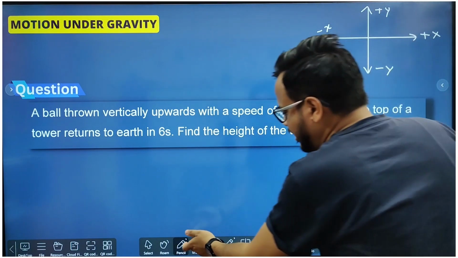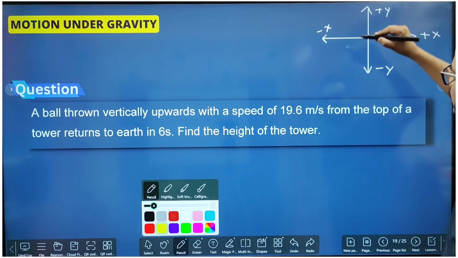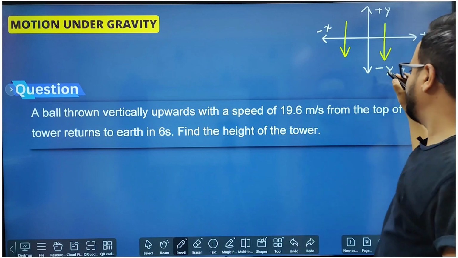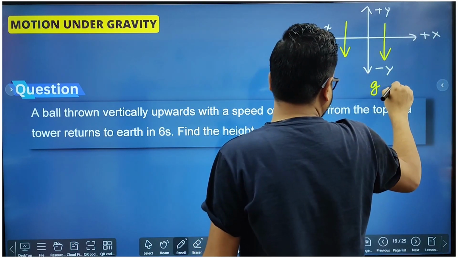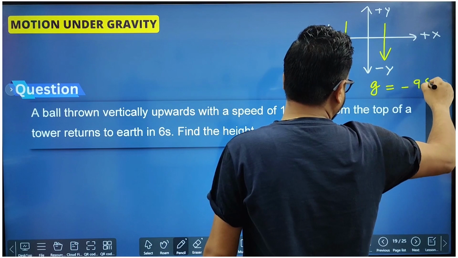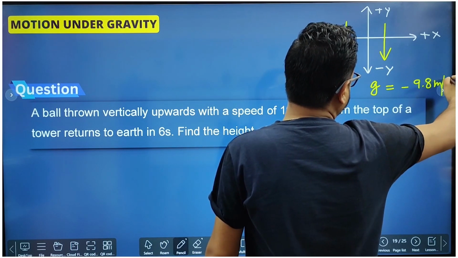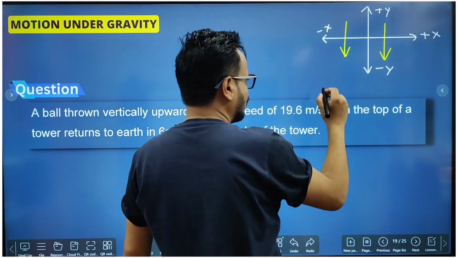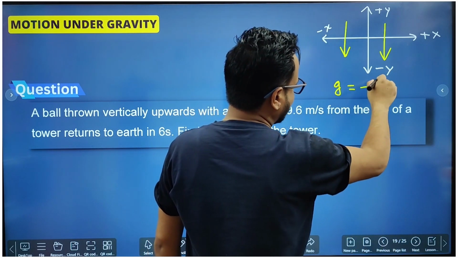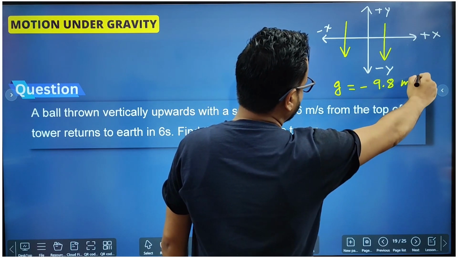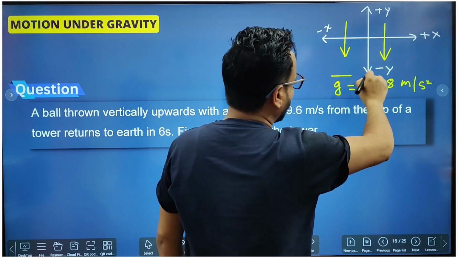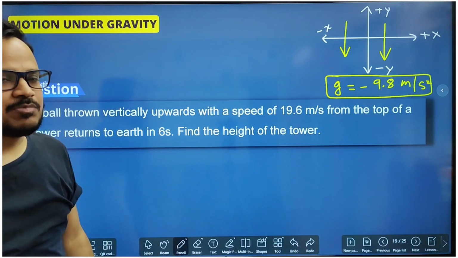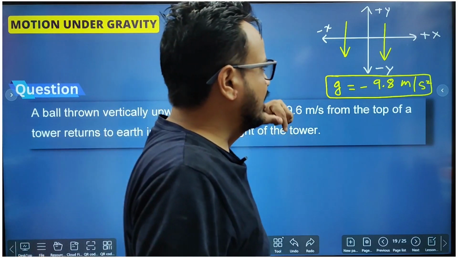And since acceleration due to gravity always acts in the downward direction, we are always going to take g as minus 9.8 meter per second square according to these sign conventions, because in the questions that we are going to have in this chapter, the body is traveling in two different directions.